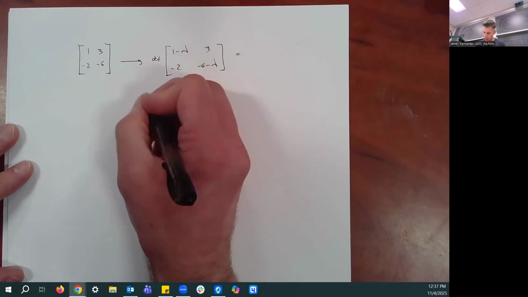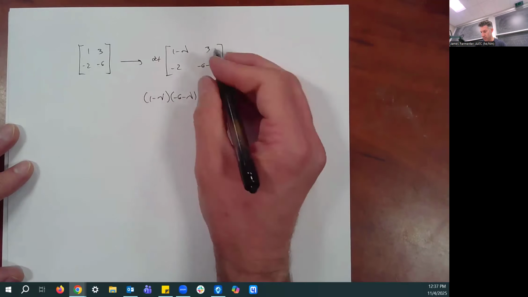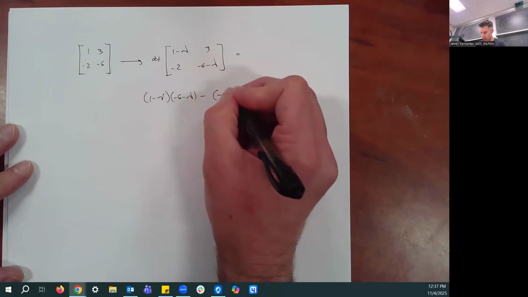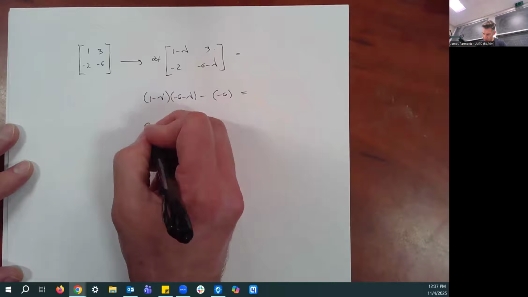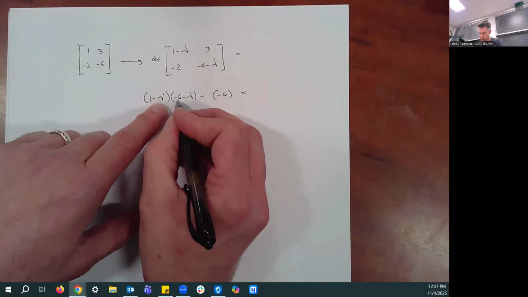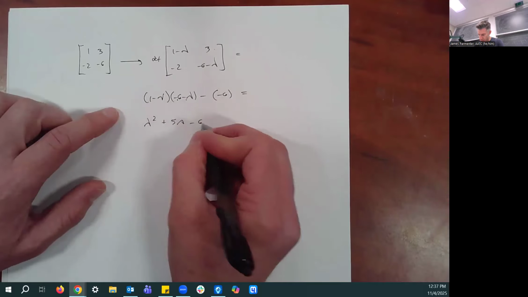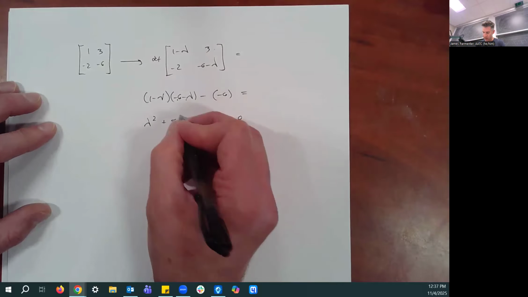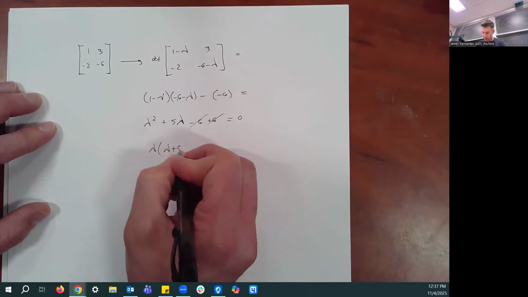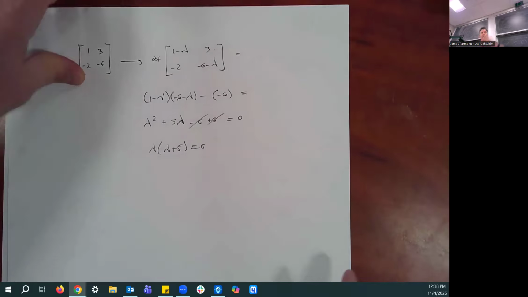It's going to be 1 minus lambda times -6 minus lambda minus 3 times -2. If you multiply this out, we have lambda squared plus 6 lambda minus lambda minus 6 plus 6. Those cancel. You've got lambda squared plus 5 lambda, which is lambda times lambda plus 5. So lambda equal to 0 is one of your eigenvalues. That's always true if your rows are multiples of each other.